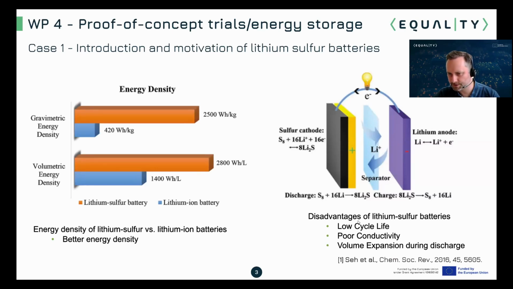Of course, there are also some disadvantages. The current lithium-sulfur batteries have low life cycles, poor conductivity, and also a stronger volume expansion during discharge. And these disadvantages are the motivation for our work to do some basic research into the fundamental understanding of how a lithium-sulfur battery works.